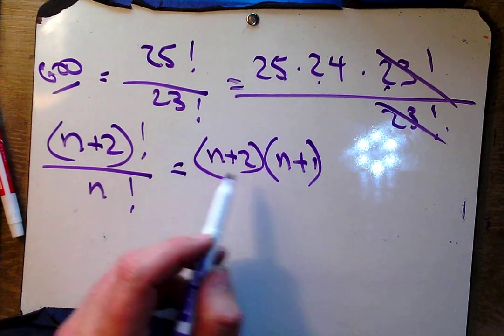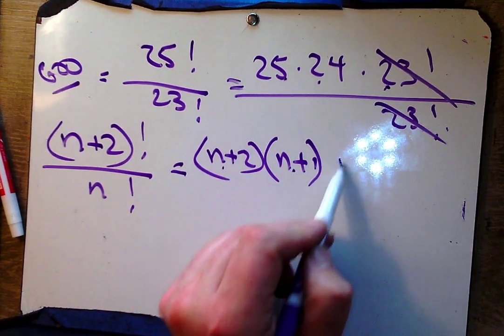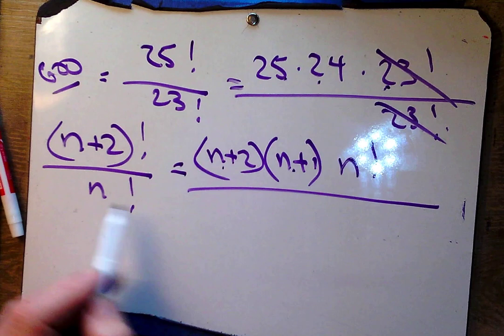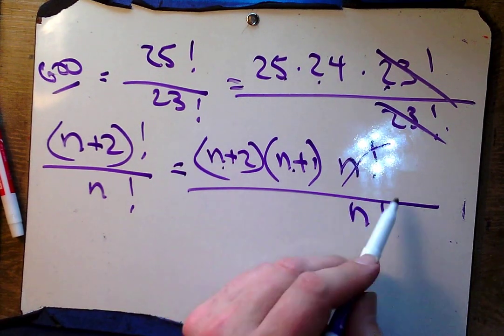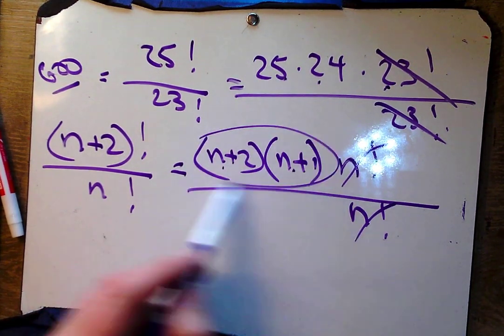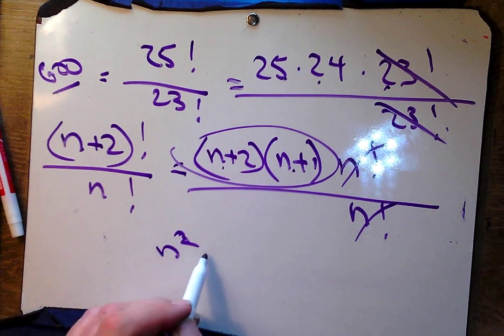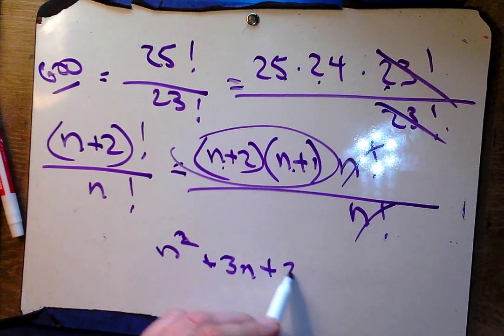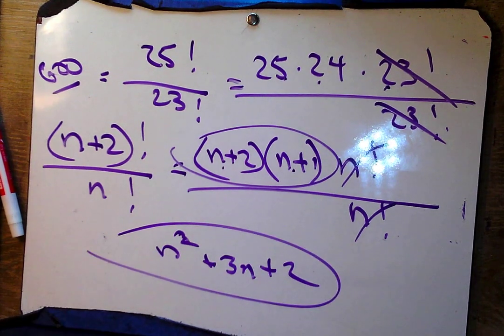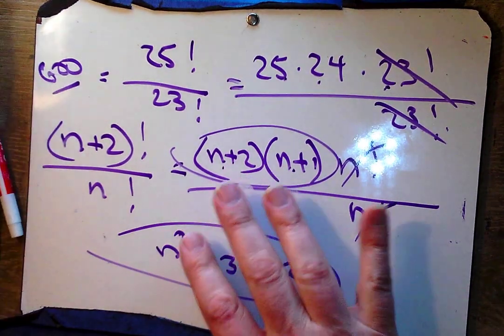Okay, n, and now n factorial over n factorial. And so my answer is just going to be this. You're more than welcome to turn that into n squared plus 3n plus 2. But I think this is fine also.